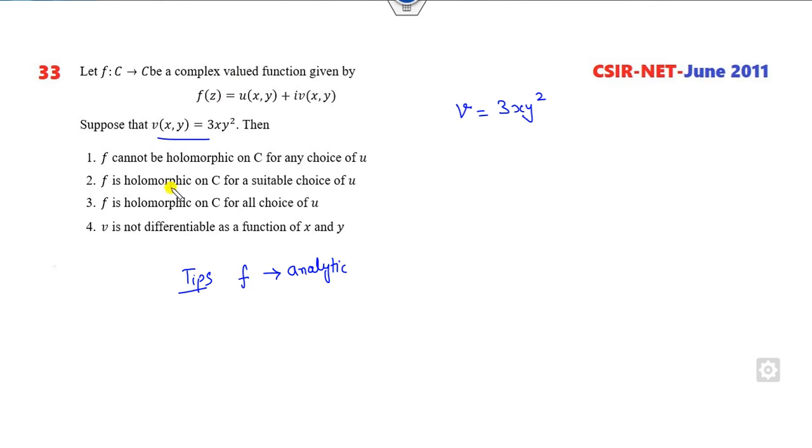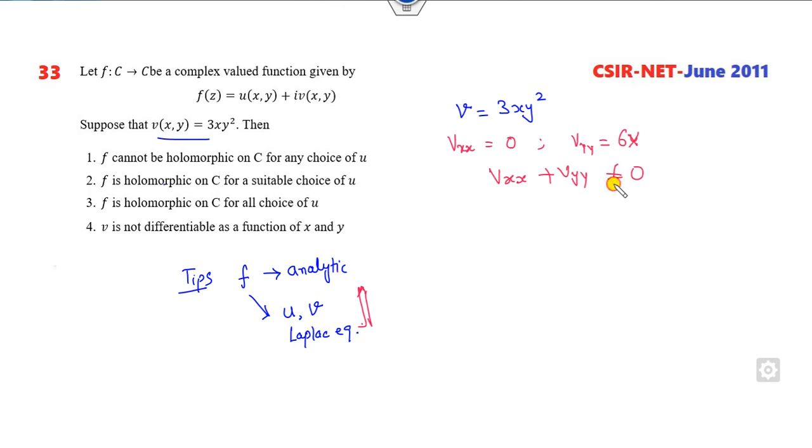If it is holomorphic, then it is analytic when the real component and the imaginary component satisfy the Laplace equation. What is the converse of this? If it does not satisfy the Laplace property, then it is not analytic. Firstly, we will check the second derivatives. The sum of the second derivatives is 6x, which is not 0.